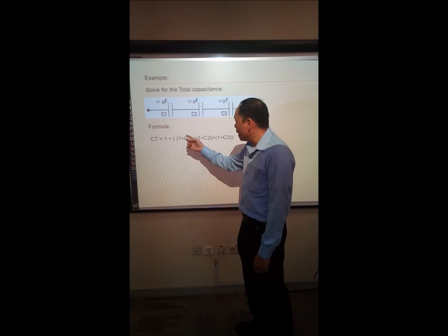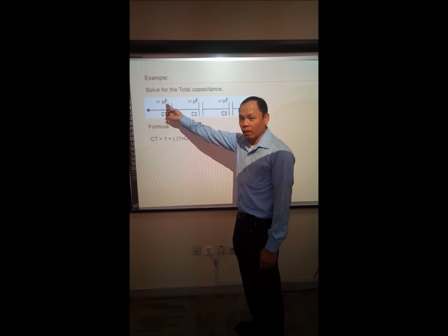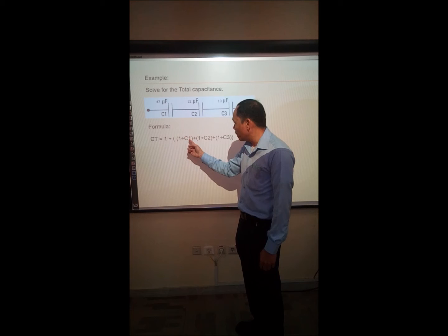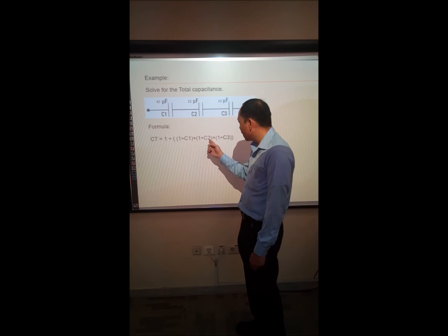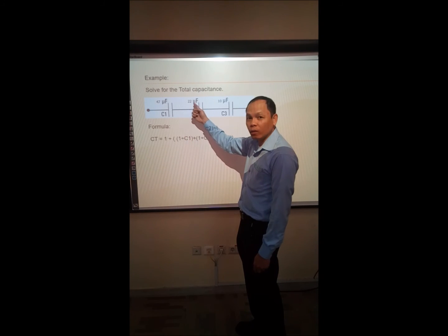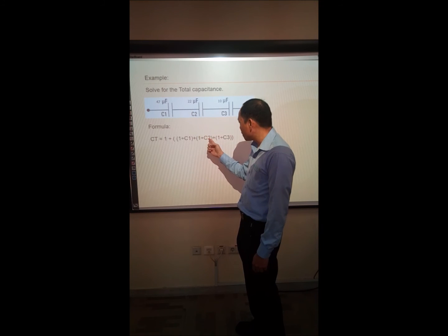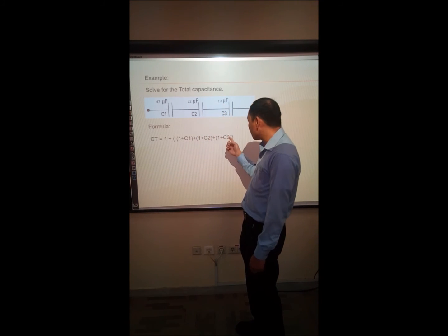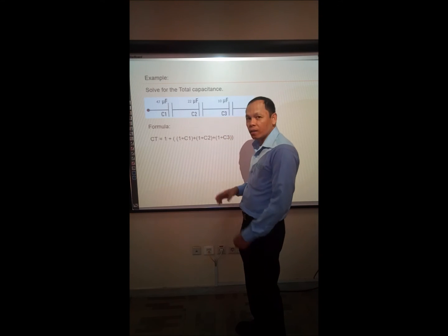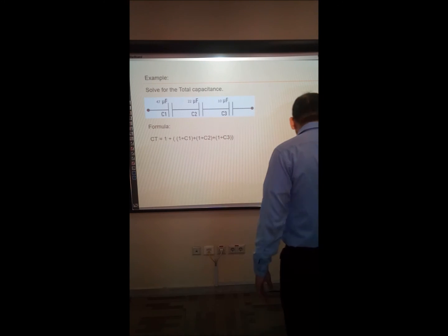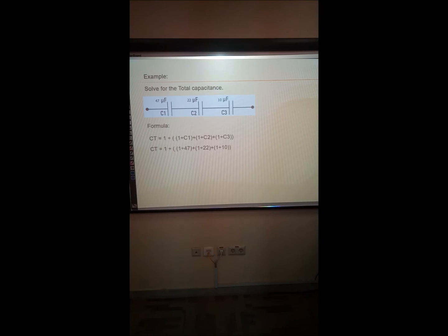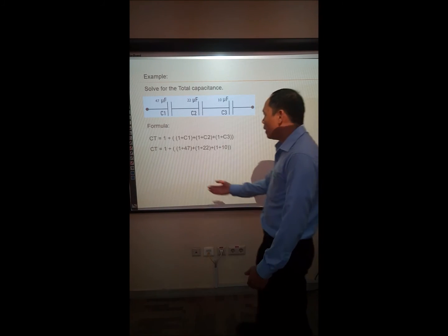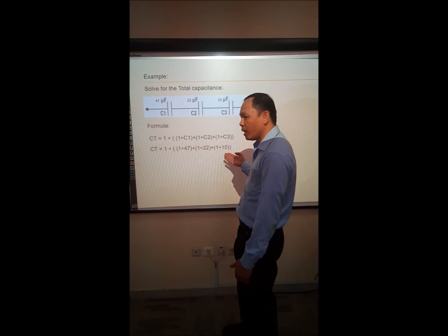Now, C1 is equal to 47 microfarad, so we will change C1. C2 is 22 microfarad, so we will change C2. Then C3 is 10 microfarad, so we will change this to 10 microfarad.